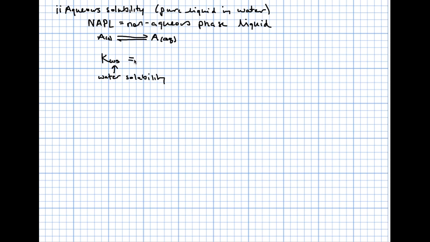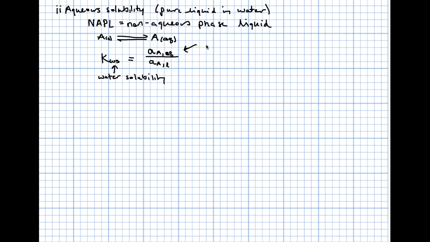Okay, and that's going to equal the activity of the compound at equilibrium in the aqueous phase, so that's supposed to be AQ, divided by the activity of the compound in the liquid phase.